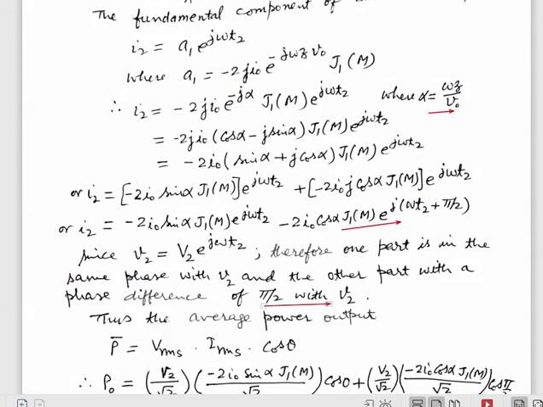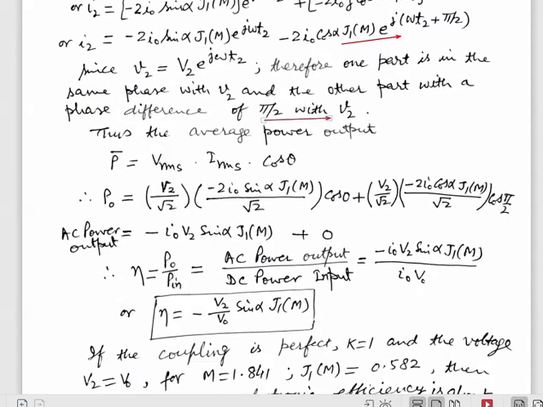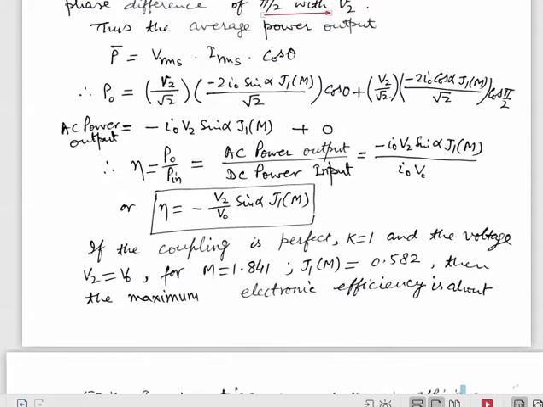And now we calculate the average power output at the catcher cavity, which is given by P average equal to V RMS into I RMS into cos theta, where theta is the phase difference between the voltage and the current.